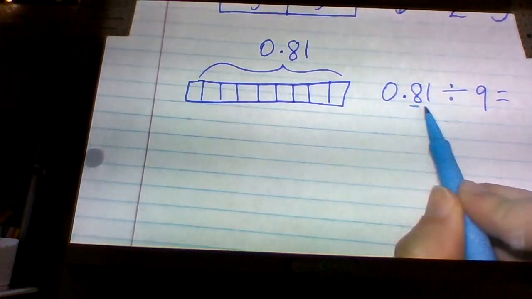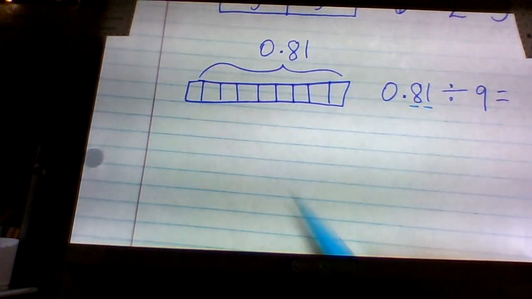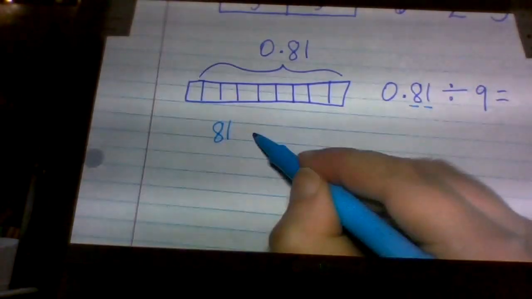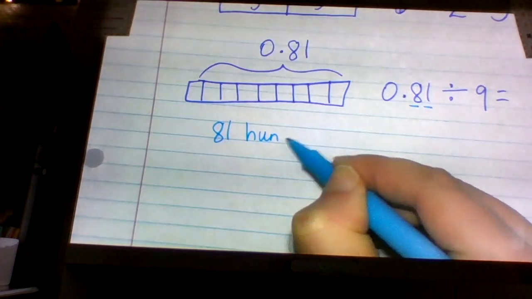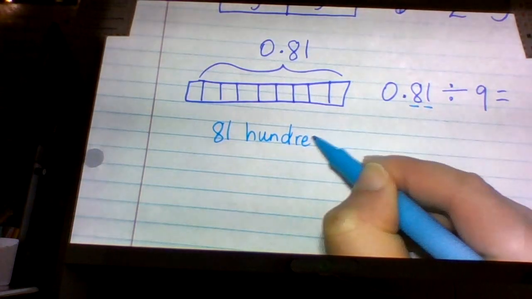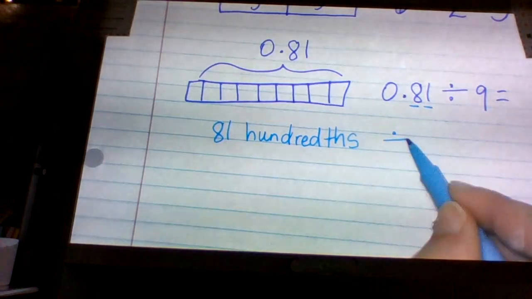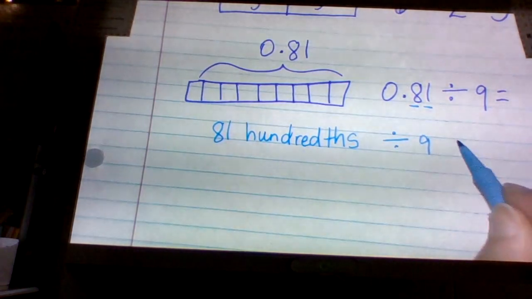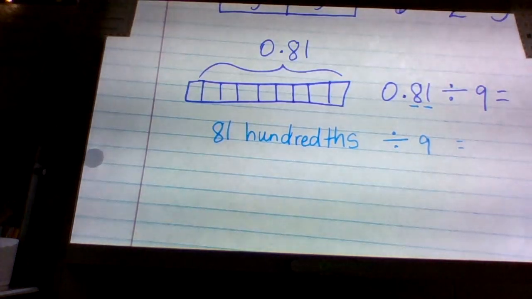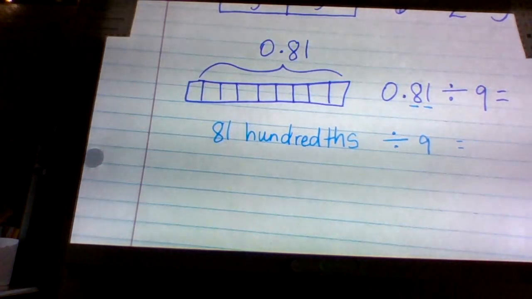What we know is that this number as a decimal, 81 hundredths, can be written a different way. 81 hundredths is the same as 81 hundredths, and I'm still dividing by 9. Well, now this is a basic math fact that I know like the back of my hand.